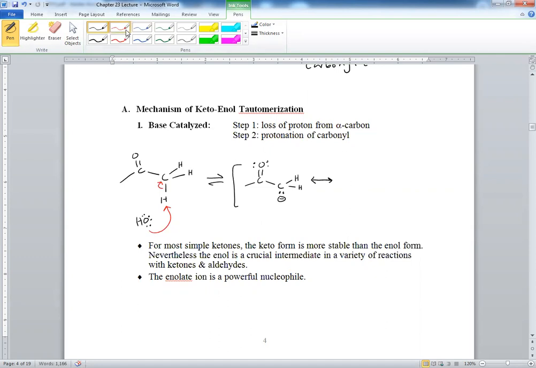So again, this is resonance stabilized. This is probably now the fourth time I'm drawing this, so you should be able to draw it very easily. So you have a CH2 here. Now, of course, you can protonate this. Let's say we have water here.